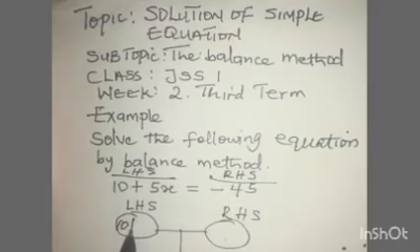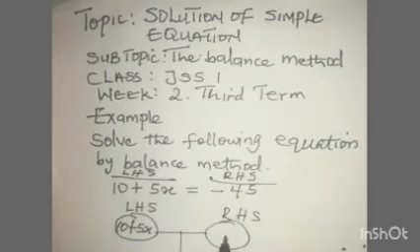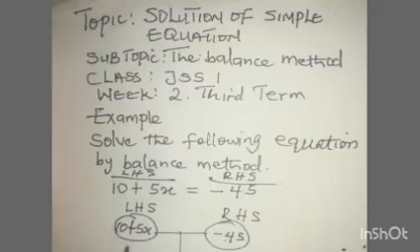10 plus 5x minus 45. The next step, we want only the x to be on this side, and ordinary number, that is number without x, should go to this side. To do that, it means it is 10 that we are going to remove.